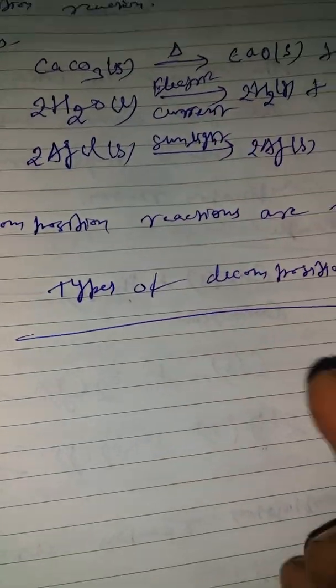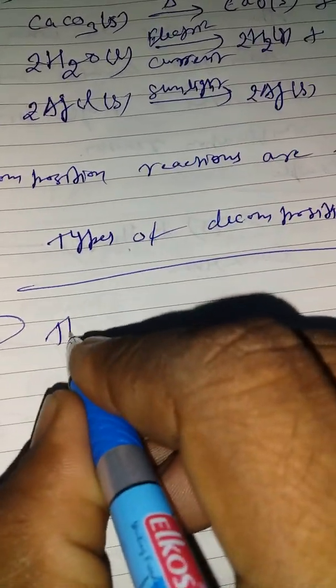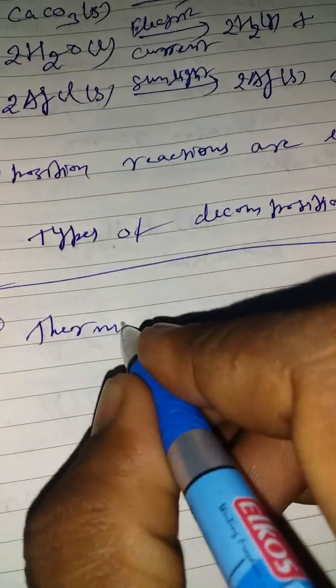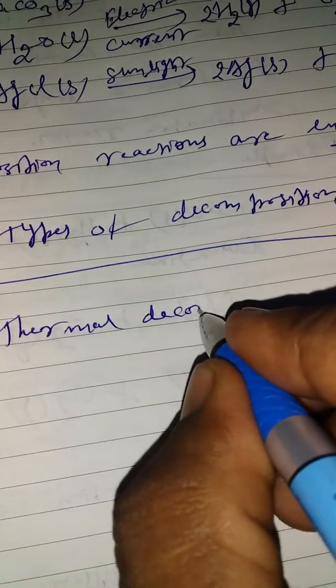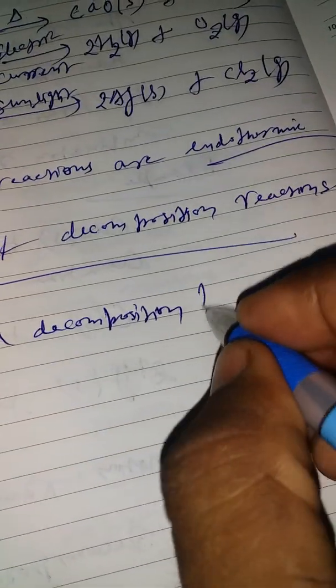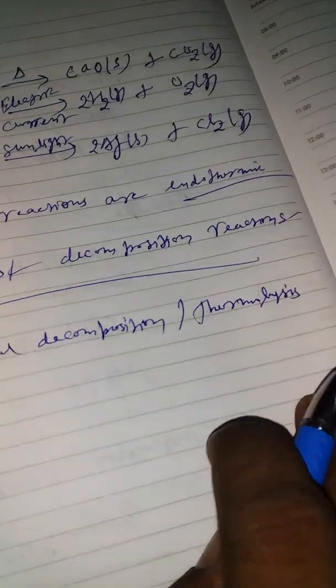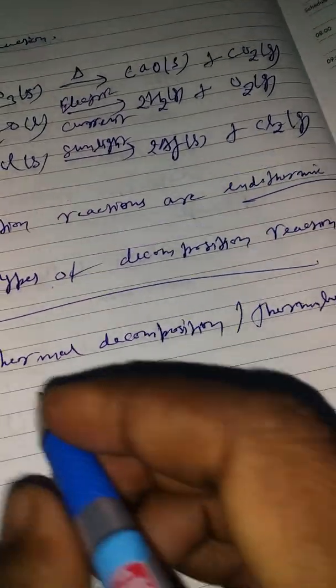There are three types of decomposition reaction. One is thermal decomposition, also known as thermolysis or thermolytic decomposition.